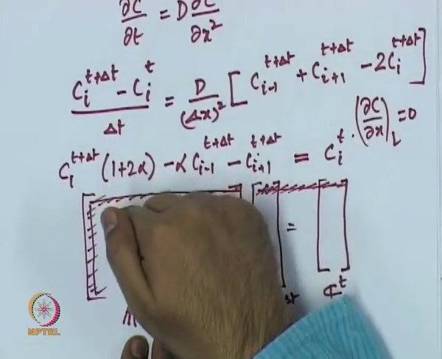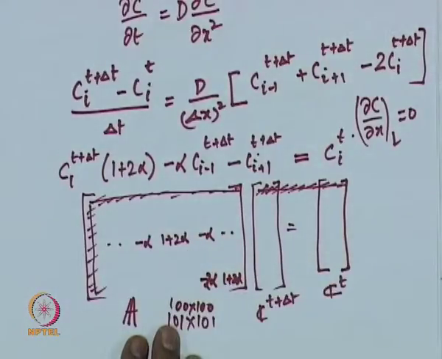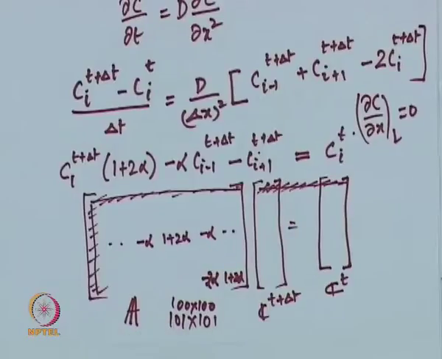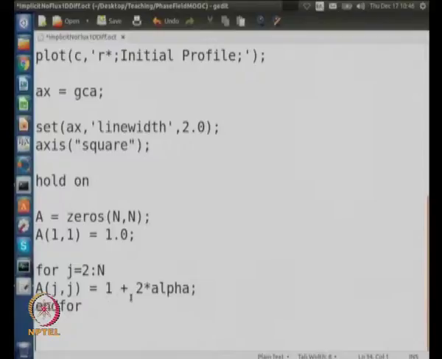So, now all the other terms 2, 2, 3, 3, 4, 4 etc. should be 1 plus 2 alpha, that is what is being done in this code. So, I have taken j 2 to n, the diagonal terms a j comma j is basically the diagonal term, it is 1 plus 2 alpha, right. So, now what happens for j 2 to n minus 1, because remember when we are doing the terms to the right of the nth term and left of nth term, there is a problem.